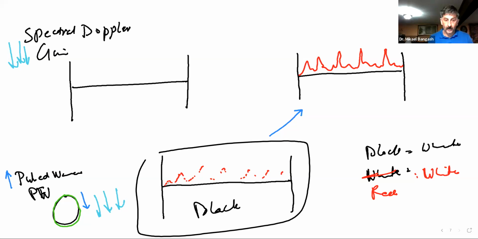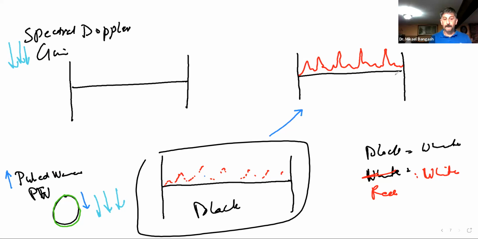Now, a spectral Doppler recording may be so weakly recorded because your spectral Doppler gain was too low, although you had done all the other things that should have given you this reading here.